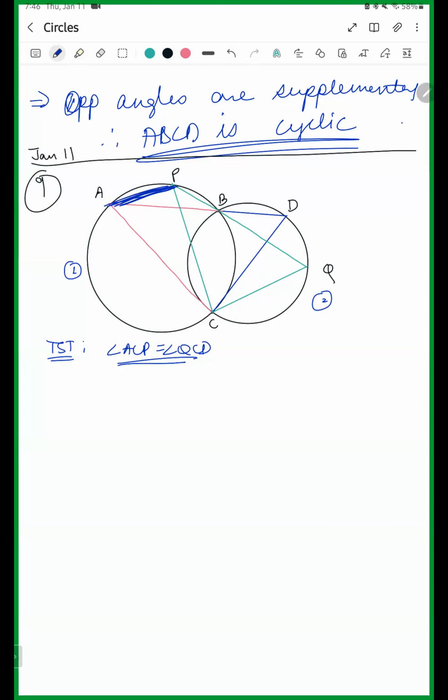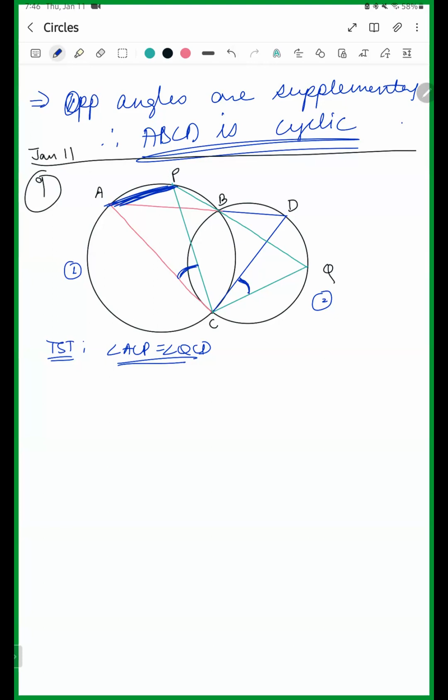We need to show that angle ACP, this angle, is equal to angle QCD, this angle. Now, this angle over here, ACP, will be equal to which angle?